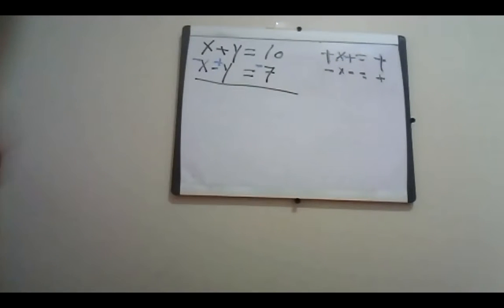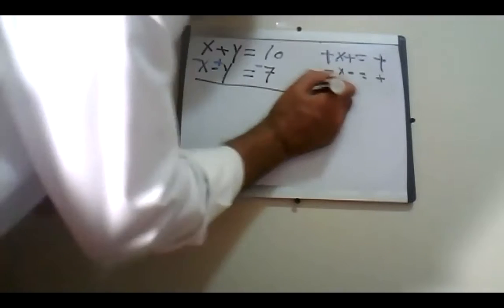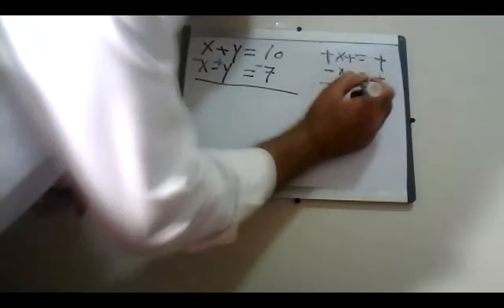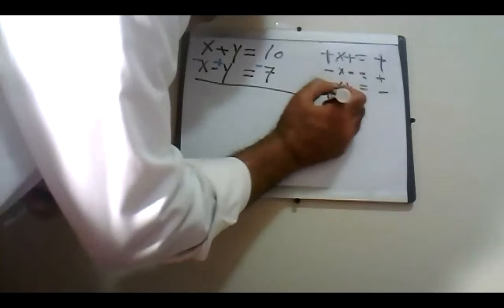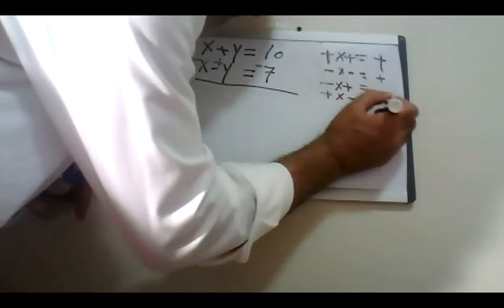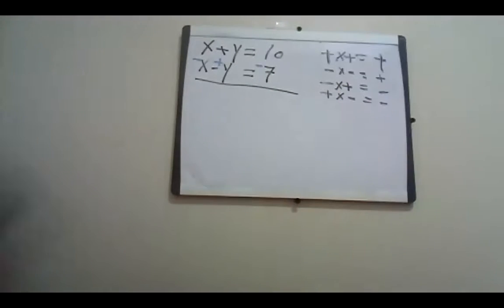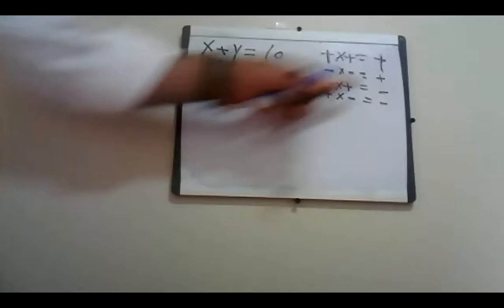And the opposite, when they are different, they give me negative, like minus by plus will give me negative, and positive by minus will give me negative. So the similars will give me positive, and the different will give me negative.